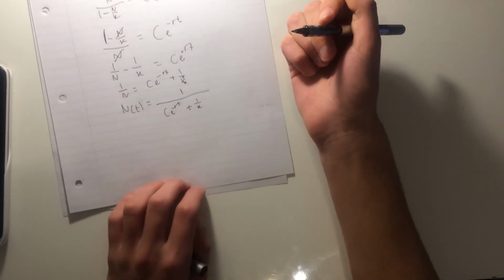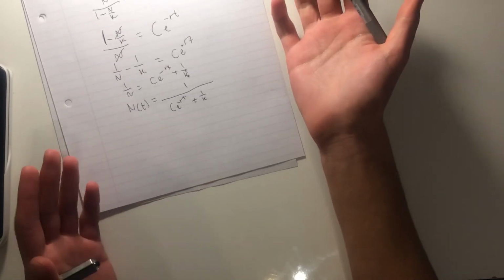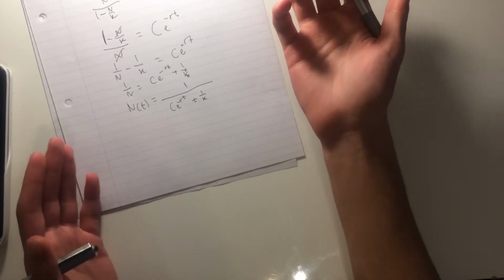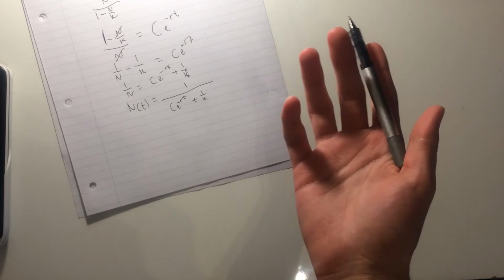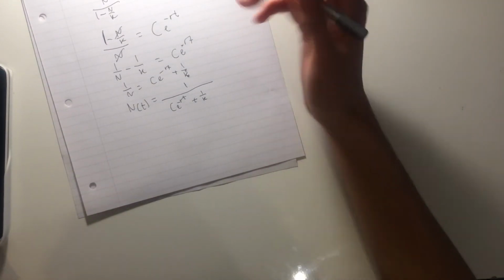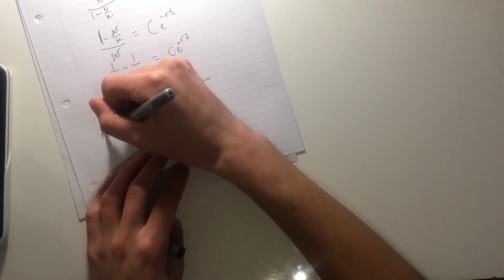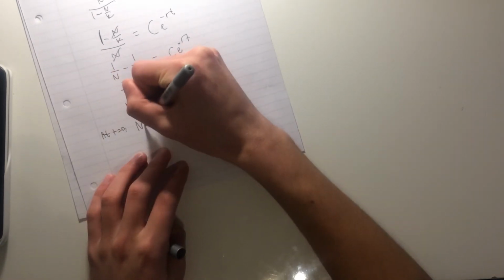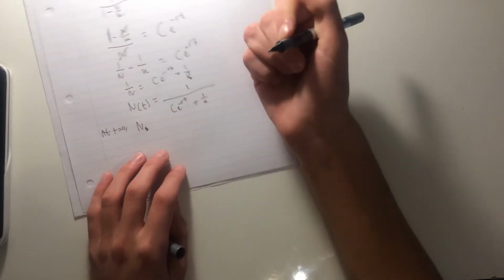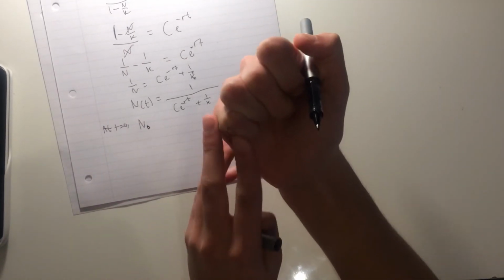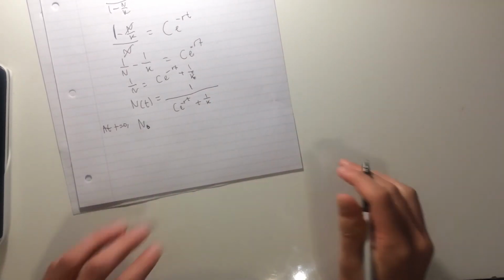Okay, that's good. Now, how do you find an expression for the initial population? According to this model, the initial population is just the population at time equals 0. So at t equals 0, we call it n0, it just sounds better and facilitates everything.